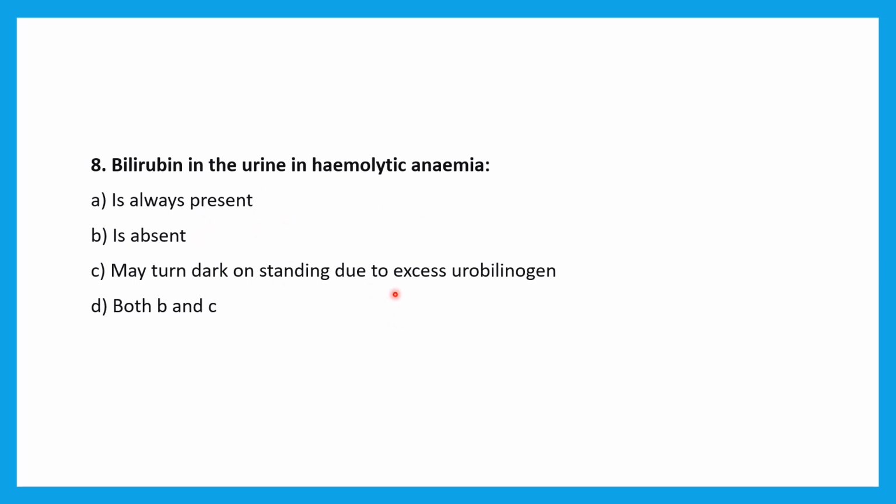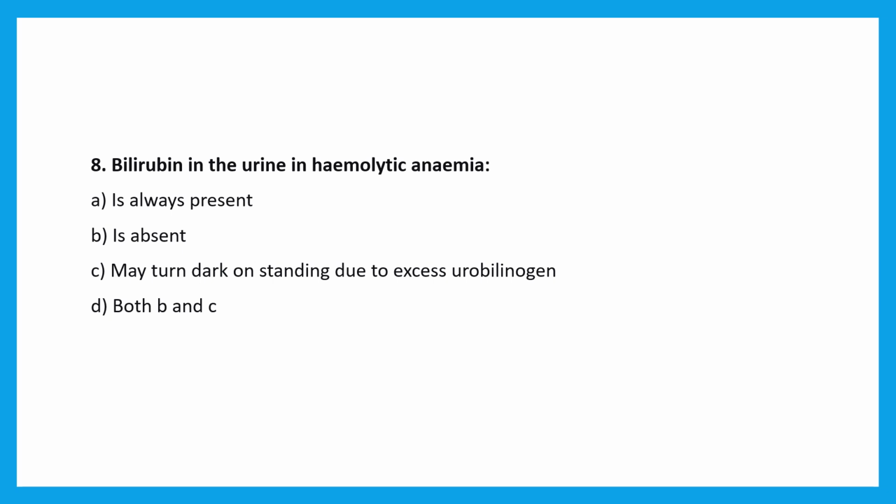Okay? However, the excess bilirubin processed in the gut leads to what is known as increased what? Urobilinogen. Urobilinogen is absorbed and also excreted where? In the urine. So upon standing, urobilinogen can oxidize to urobilin, causing the urine to darken.